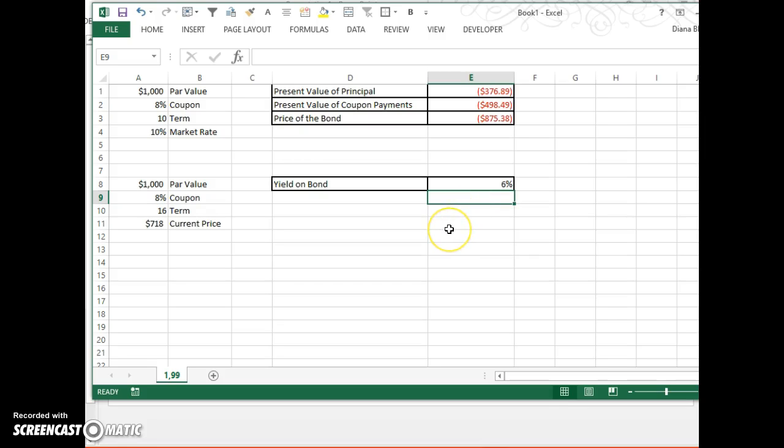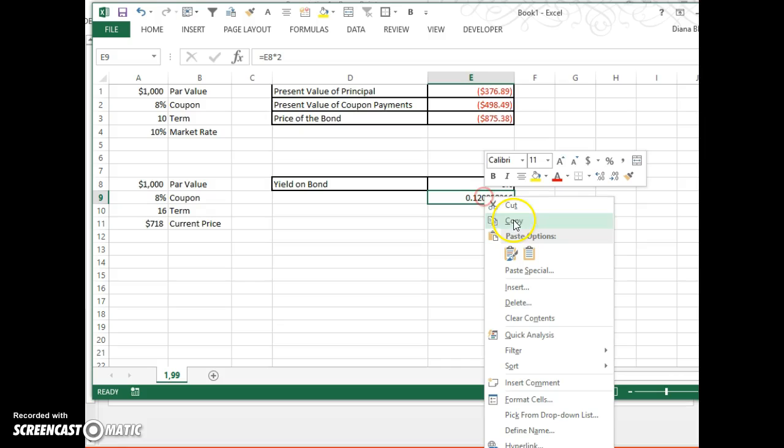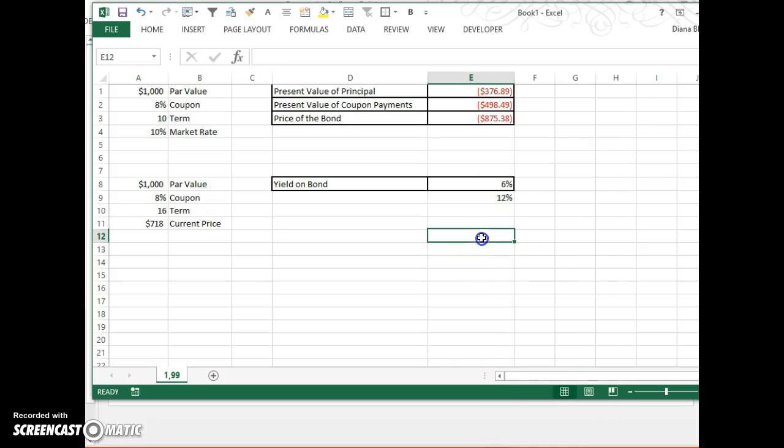Now, we did this calculation based on twice a year, which means that we need to multiply this result times 2 to get the annual. So we've got a yield for annual that's 12% based on this information.